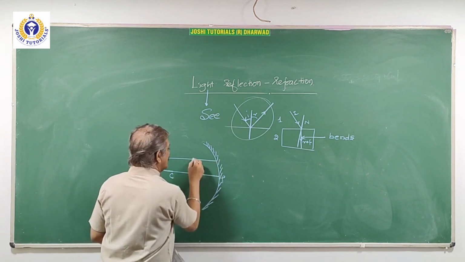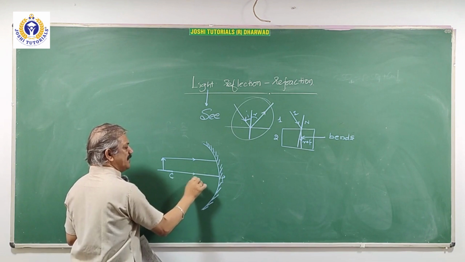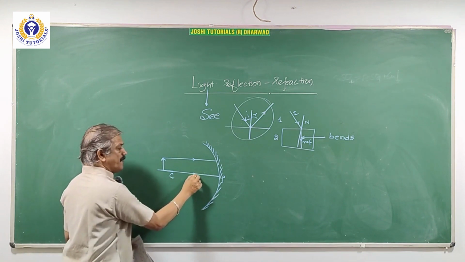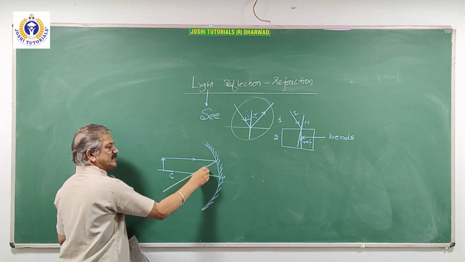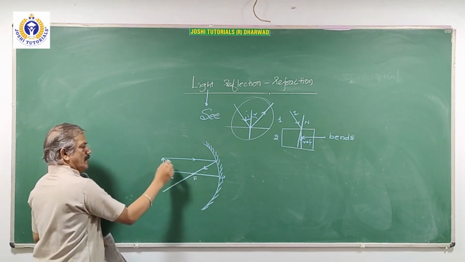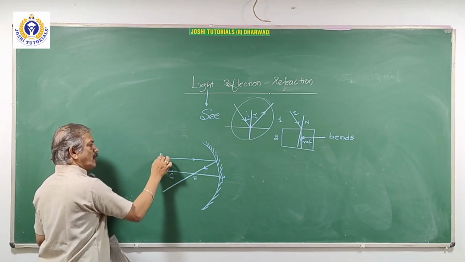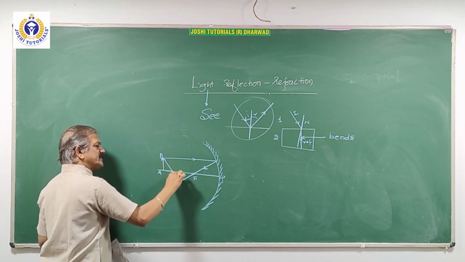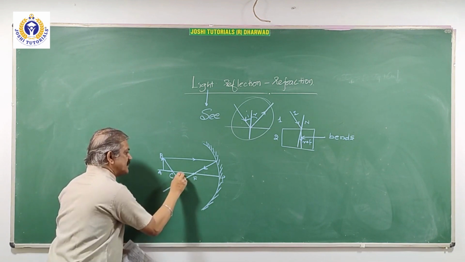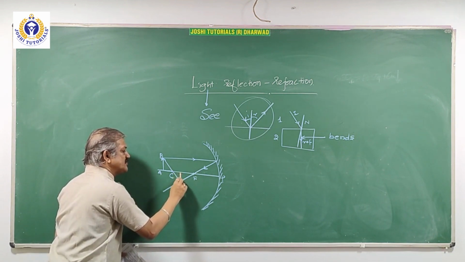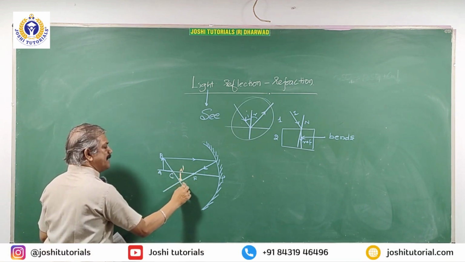It is a parallel line. If it is 6 centimeter, mark 3. Call it F. Take the scale, draw properly, reflection. This is center of curvature. From the head, draw a line passing through center of curvature. Here it meets, it is called image. It is A dash and B dash.